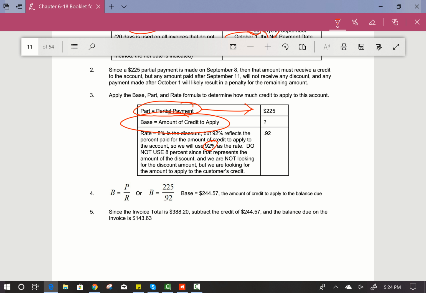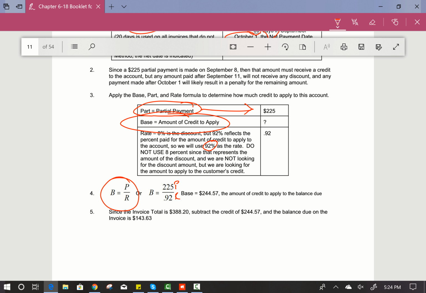So therefore, if we're looking for base, base is equal to part divided by rate. So that's 225, the partial payment, divided by the rate with the complement of 100. 100 minus 8% is 92%, and then move the decimal point 2 places to the left.